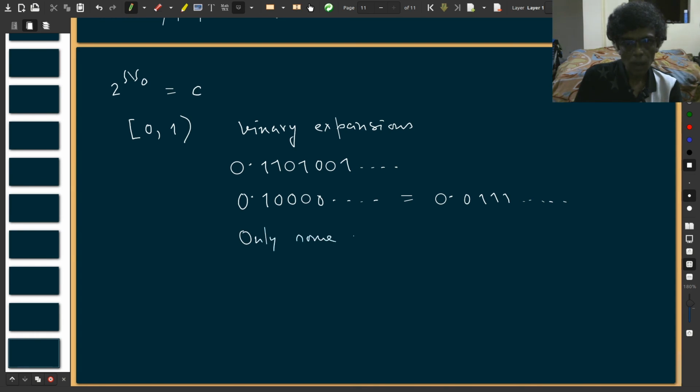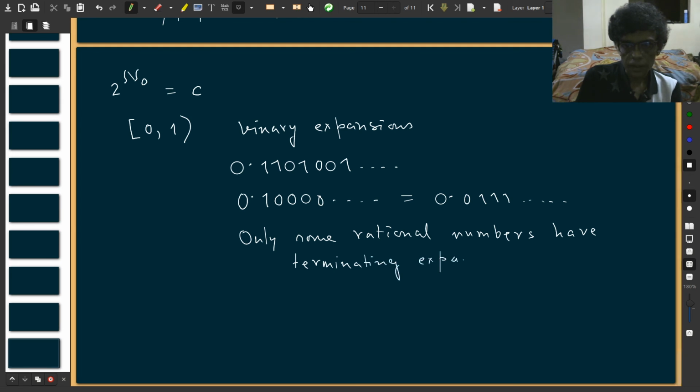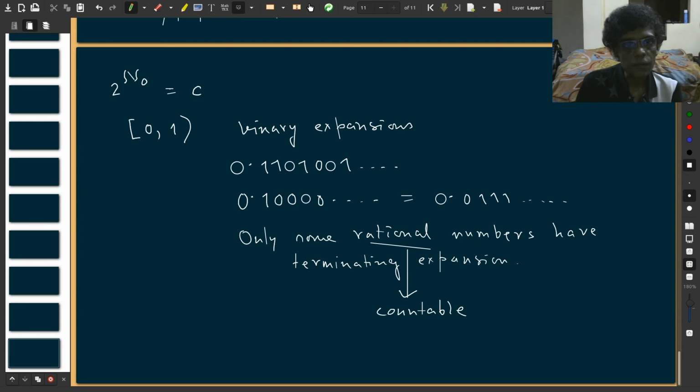Only some, whether it is in the binary world or in the decimal world. So, but we know that rational numbers are already countable. Okay. So, you subtract a countable number from an uncountable number, it becomes essentially the same. So, essentially this is the proof that 2 power Aleph naught is C.